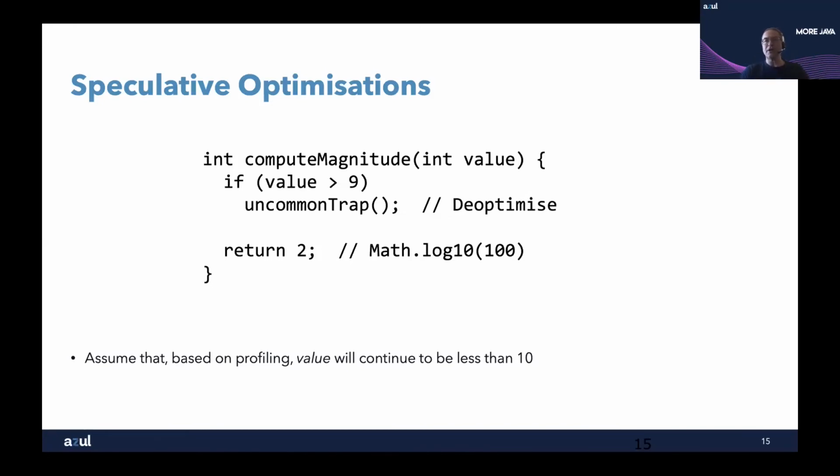So the uncommon trap will then throw away that code and say, right, we must return to interpreted mode, and then we must recompile based on the fact that we could go through either the true or the false branch, and so we get more complicated code. So we still maintain the ability to handle all values, but so long as we don't exceed 9 in terms of our value, then we get better performance because we're eliminating all of this code. So that's the real benefit of speculative optimizations.